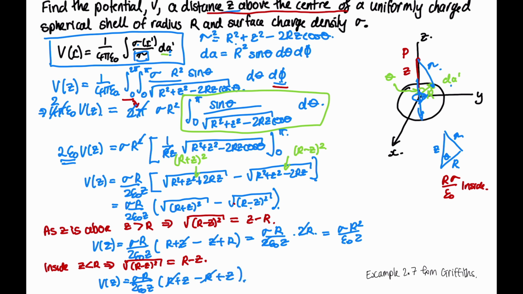So in that case, the R's cancel out, and we've got sigma R times 2z divided by 2 epsilon naught z, and the z's will cancel out, the 2's will cancel out, and we end up with sigma R over epsilon naught, which was what we got last time.